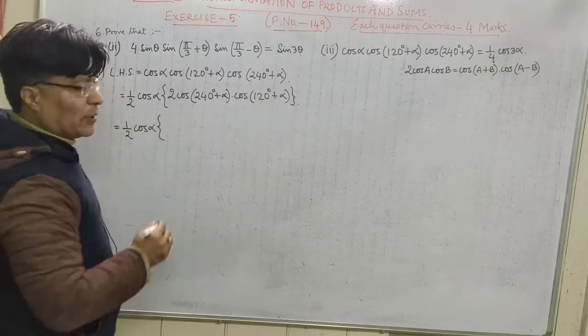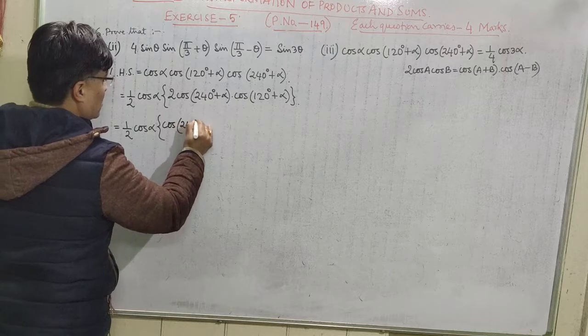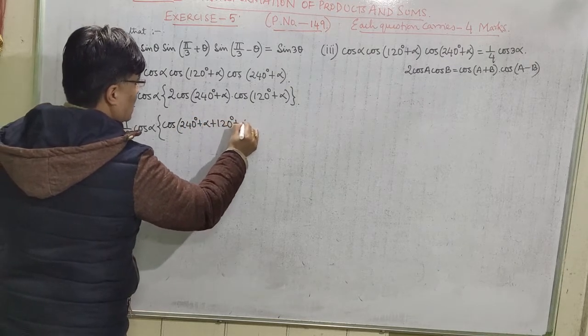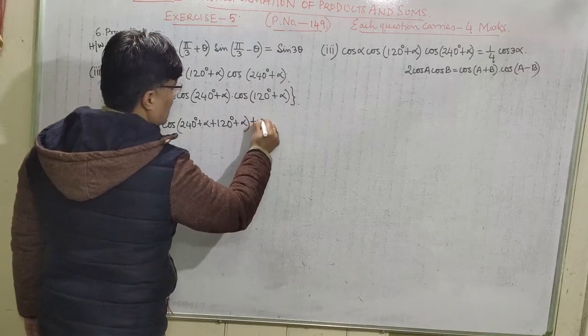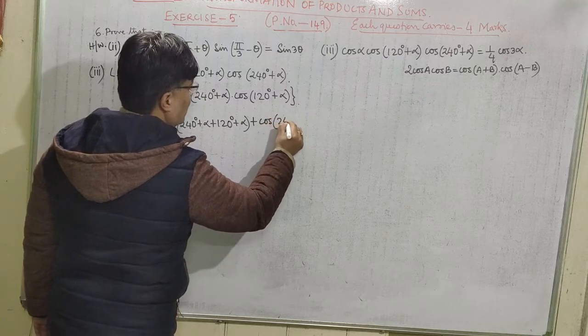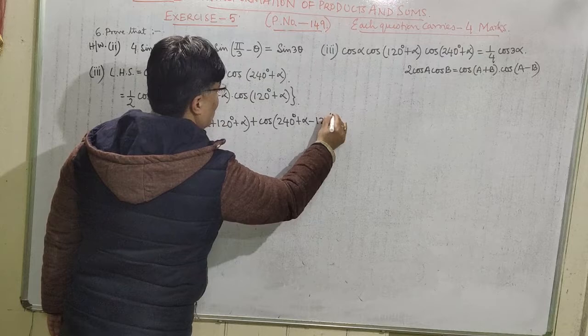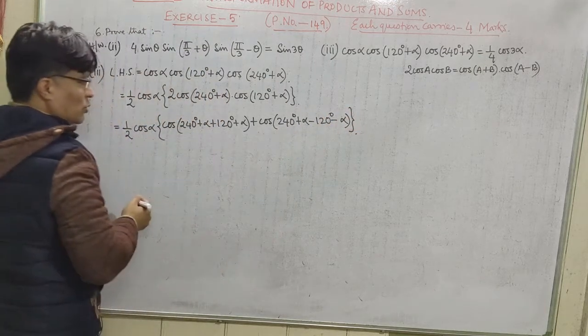So let us use the formula, cos of A plus B. What is A plus B? 240 plus alpha plus what is B? 120 plus alpha. That is your cos of A plus B. Then plus cos of what is A minus B? 240 plus alpha minus 120 minus alpha. Second bracket is closed.